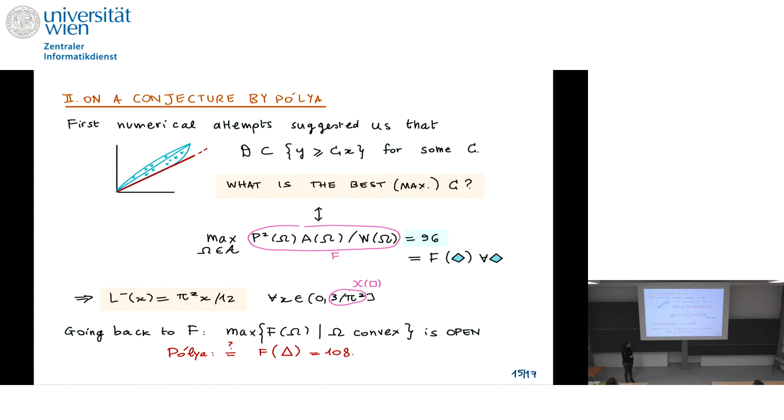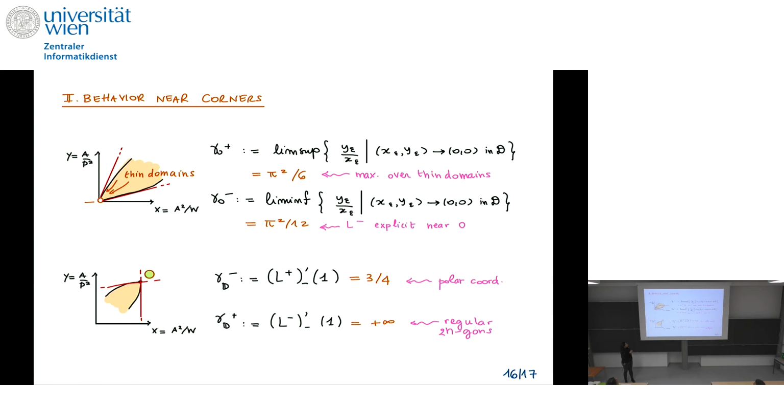Of course, in the shape functional that Polya considered, W is the real W with respect to the center of gravity, so not the one centered in Z. So this is still an open problem that is part of our perspectives. Okay, I don't have the time to detail this part, but just to say that we have also investigated the behavior near corners.